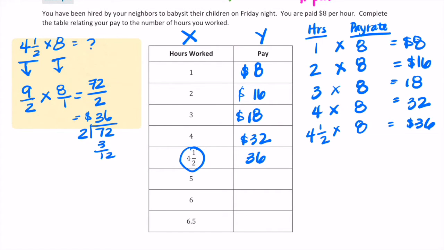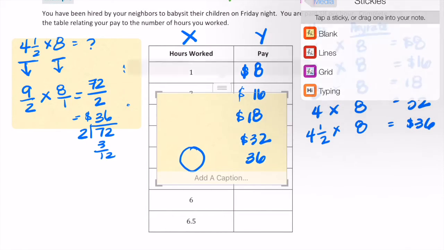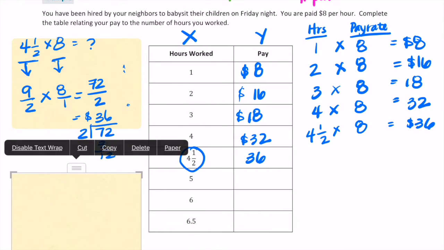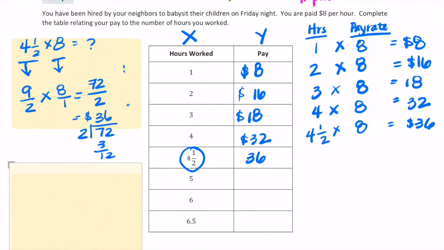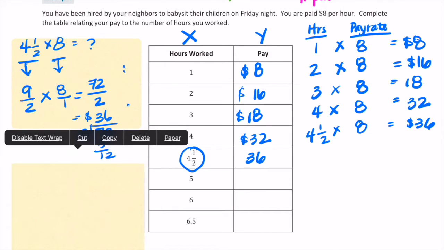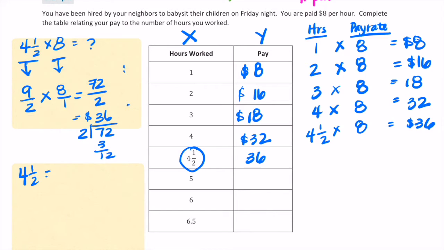Now we can also do the decimal form. Add another sticky. So I'm going to say 4.5 is equal to 4.5 because half is equal to the decimal 0.5.